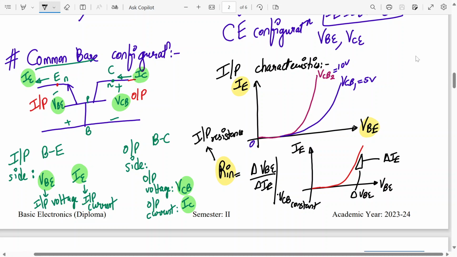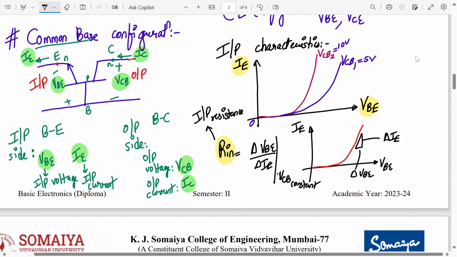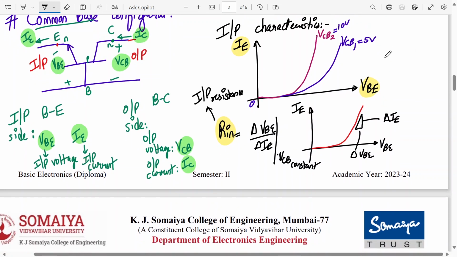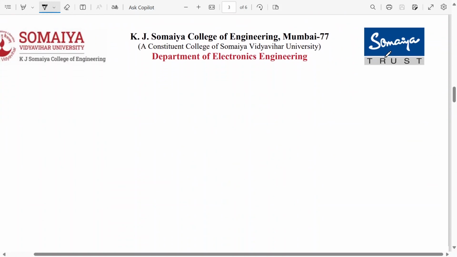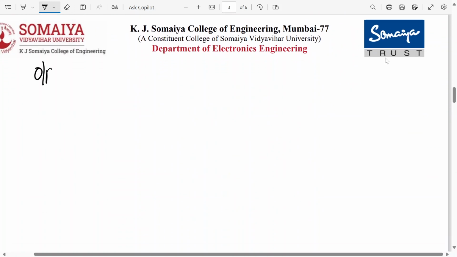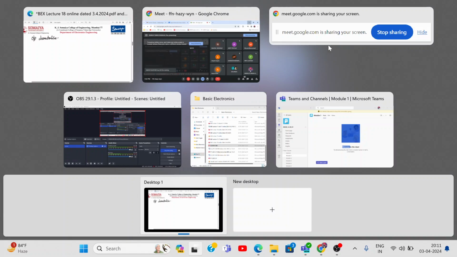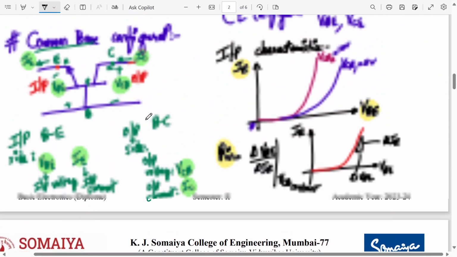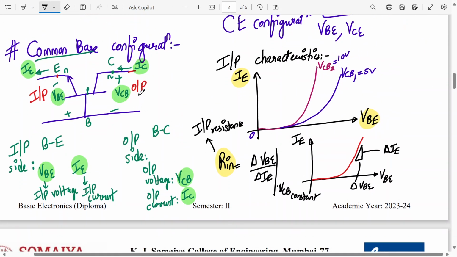Yes, sir. Now, can we go to the output characteristics now? We are halfway there. Yes, sir. Yeah. So, we'll next write output characteristics. Output characteristics is a graph of output voltage versus output current.